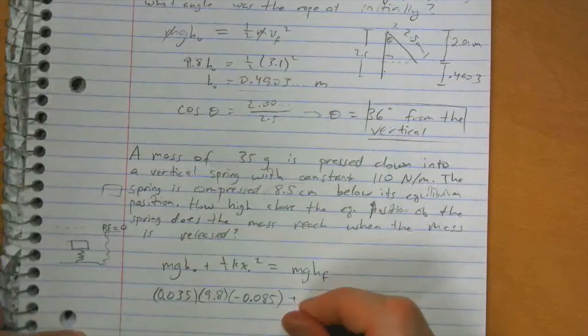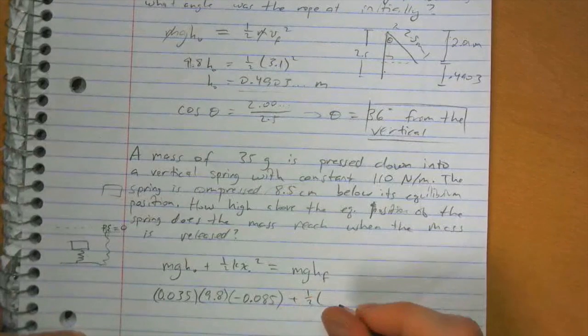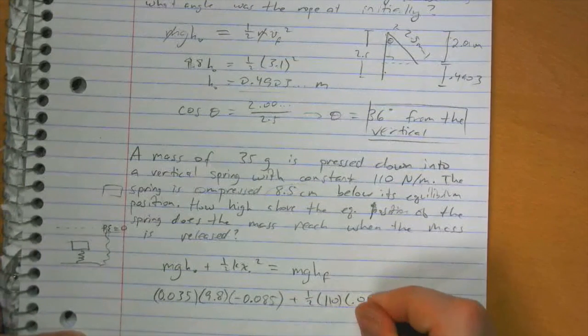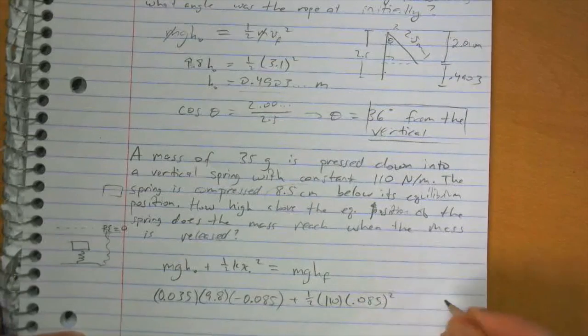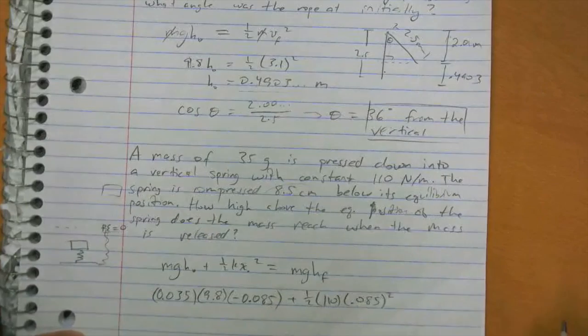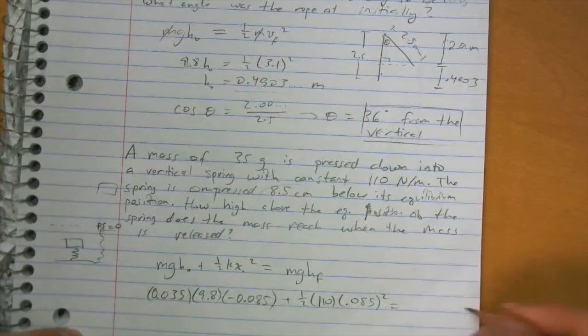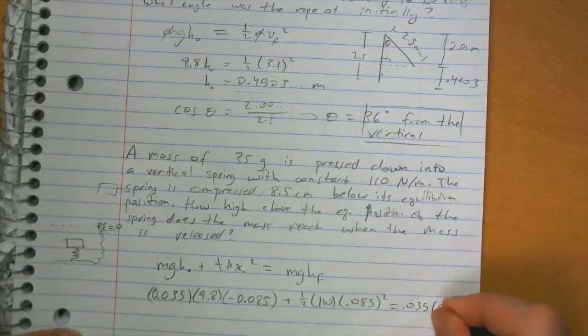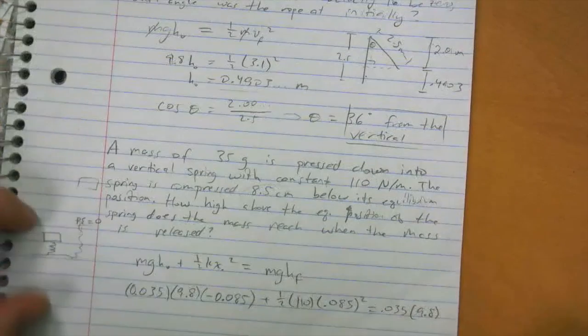We've got plus 1/2, k is 110, x naught squared, 0.085 squared. Since it's squared, it doesn't matter. You could plug in negative if you wanted to. And that's equal to g h final.